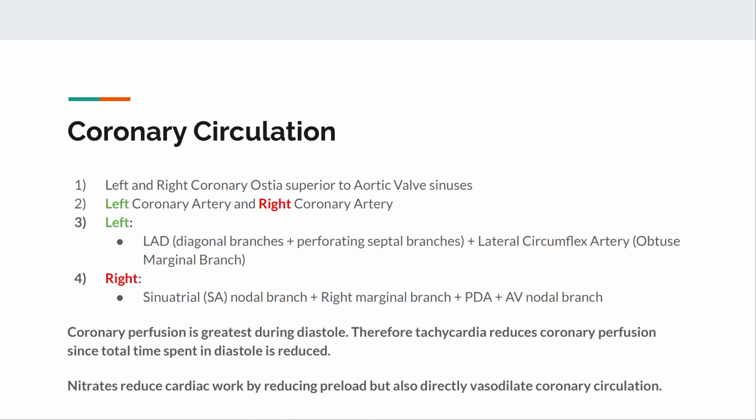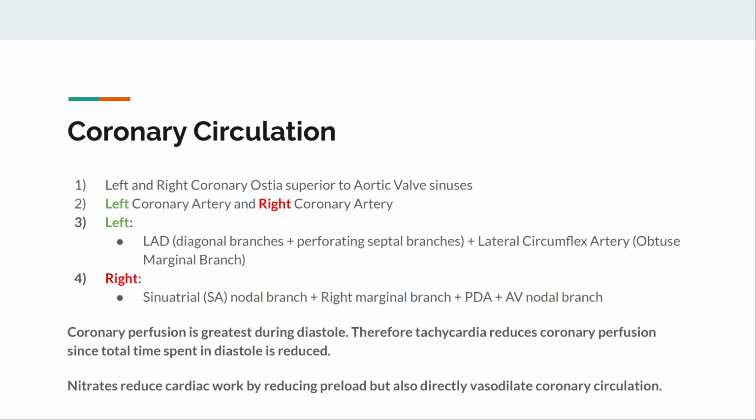And then the right is the right coronary artery, which has a sinoatrial SA nodal branch, and it gives off the PDA in people that have a right dominant circulation, and then from that you get the AV nodal branch. And this is how a right-sided heart attack can lead to arrhythmias, because it will destroy the blood supply to the SA node, for example.